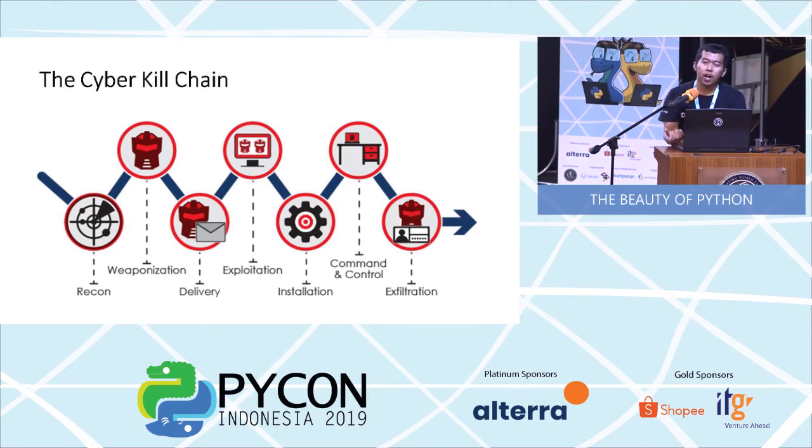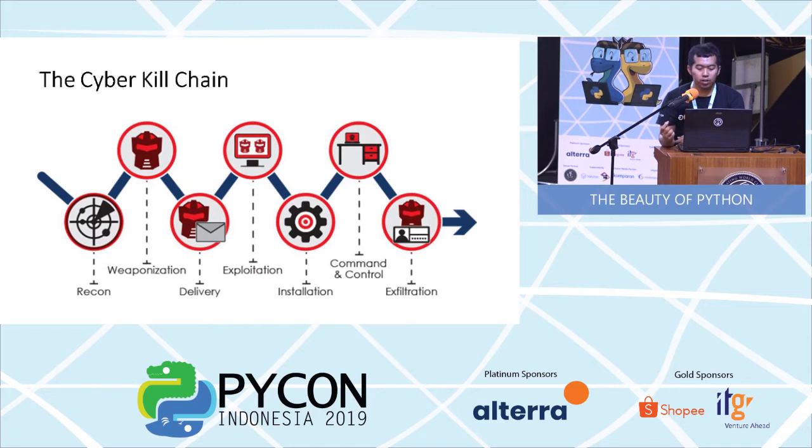Exploitation is how we exploit the system, and installation is how we install our agent or our persistence to the system, so we can act further, to hack deeper in the organization network. What differentiates pen test and red team is how we attack.